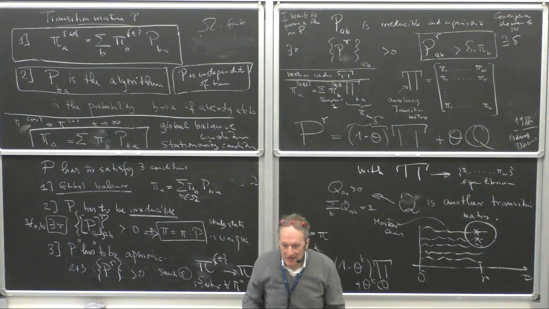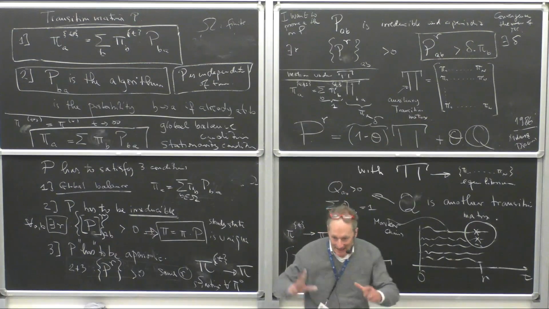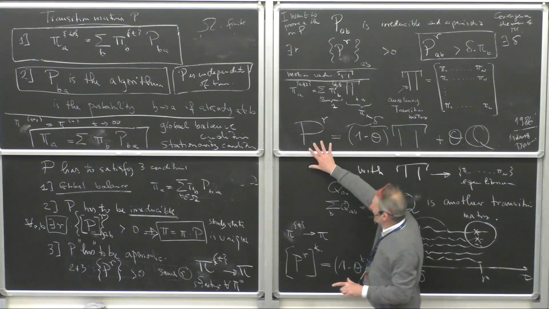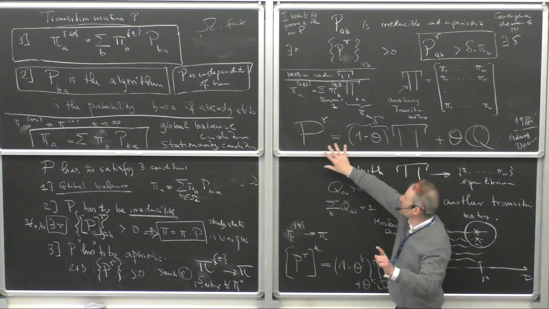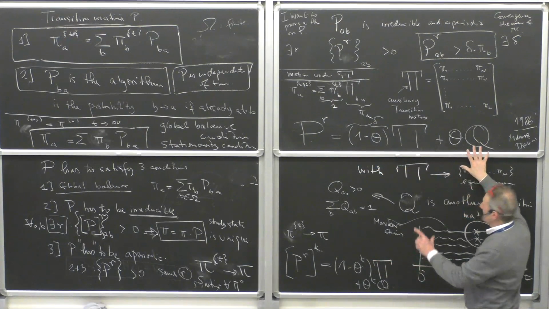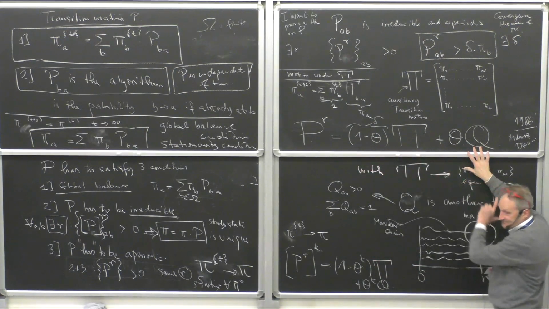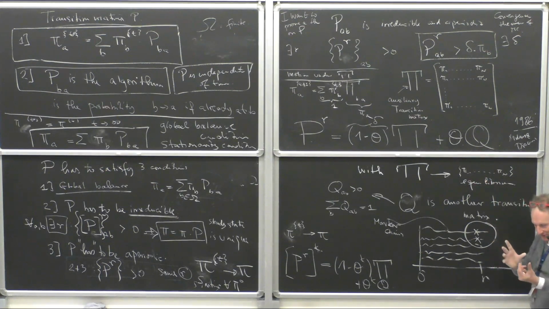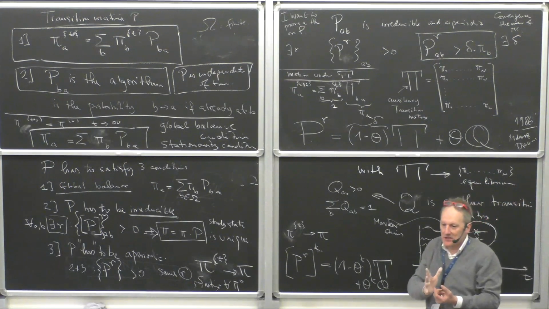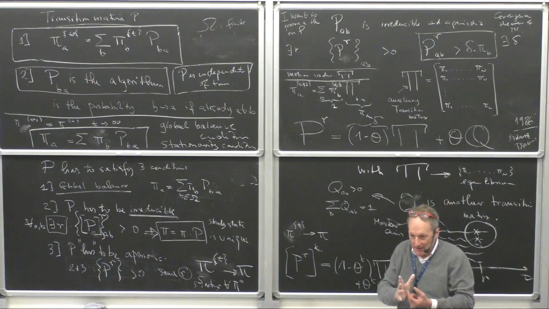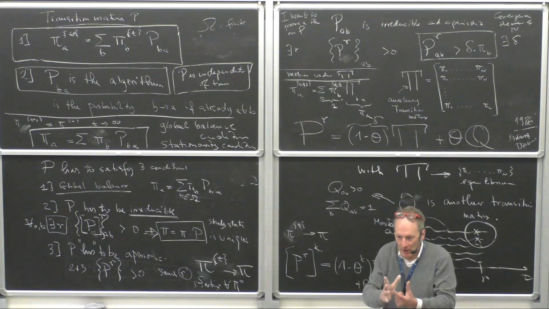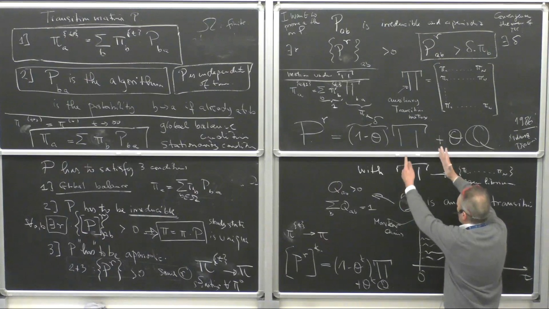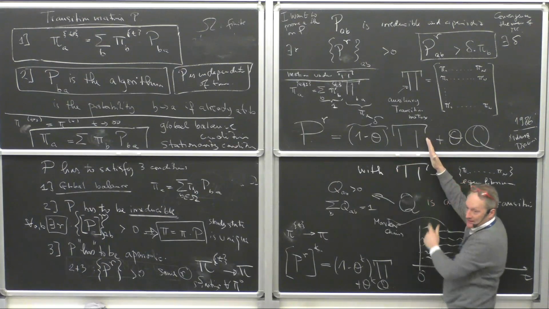Of course, yes. But I'm just telling you that if you were able to make this decomposition, and tomorrow we'll actually make it, a finite time transition matrix P already contains a piece of capital Pi.